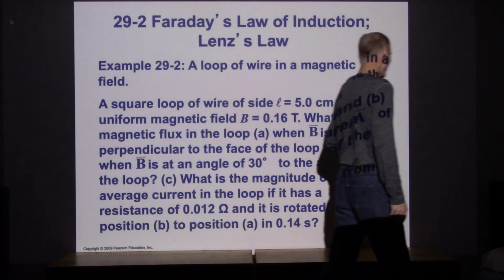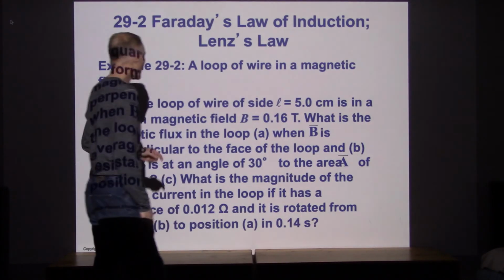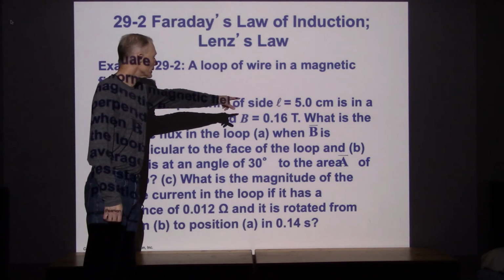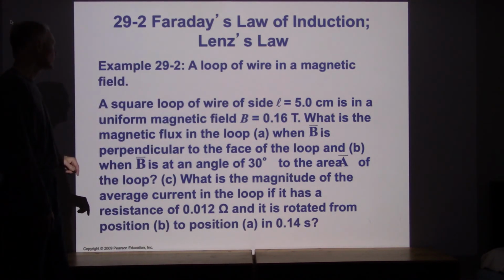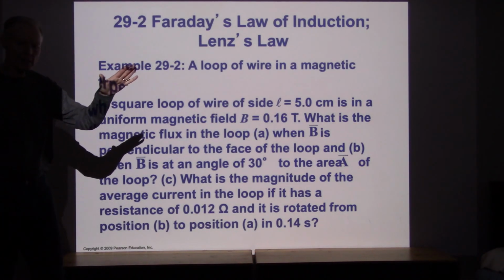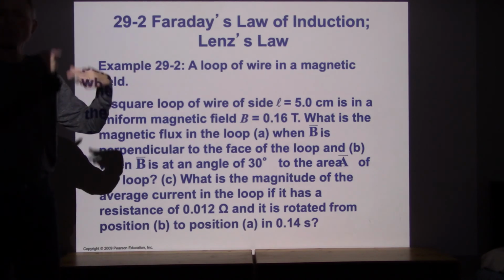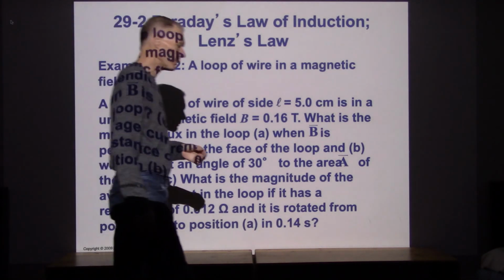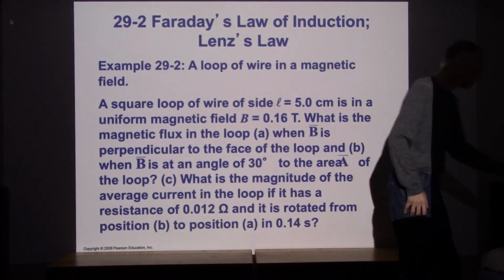Here are the numbers that are on this. So what we've got is a magnetic field of 0.1 Tesla. It's a square, and it's 5 centimeters on a side. And here they're looking at the difference between 0 degrees and 30, but I turned it into a problem where it just keeps moving around all the time. And so that's what we've come up with.